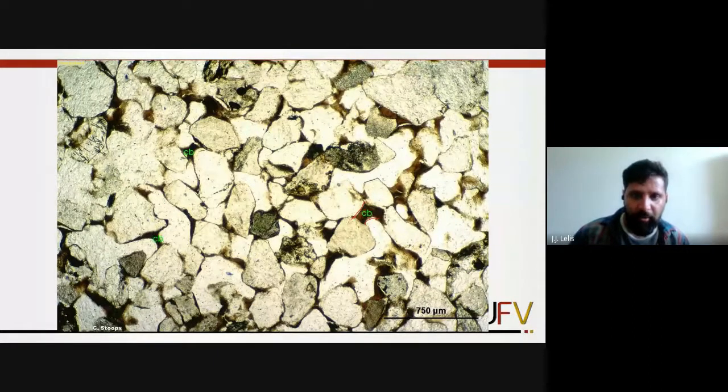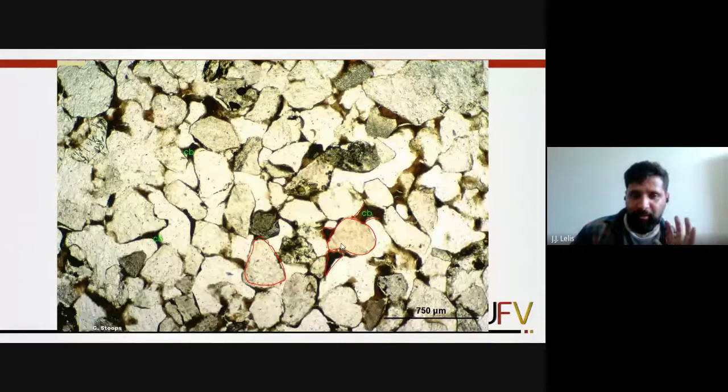In a microscope, we can see some quartz grains like this and this, all these white and grayish white grains are grains of quartz. And we have some dark and yellow dark materials that help us to understand that we have a little migration of clay in this horizon.